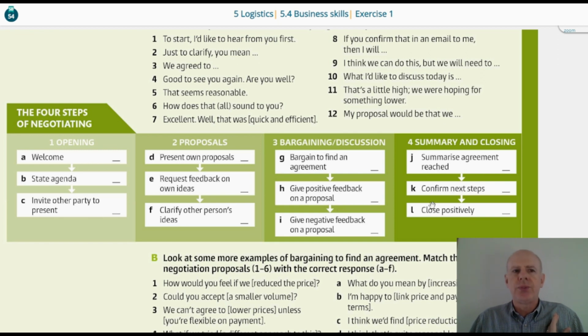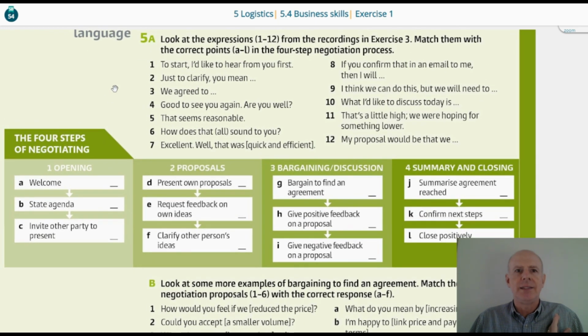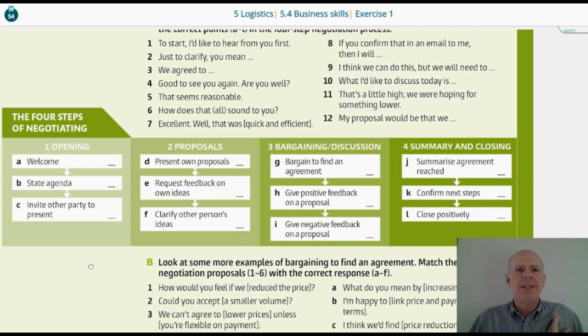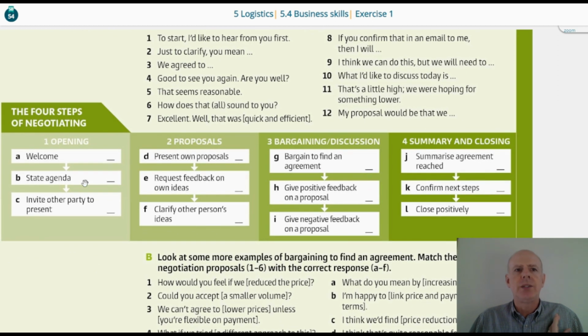These are the 12 steps that are exemplified by these sentences, these expressions, right? Okay, we are going to match them with these points from the four-step negotiation process. Let's take a look at them and try to link them to these steps.